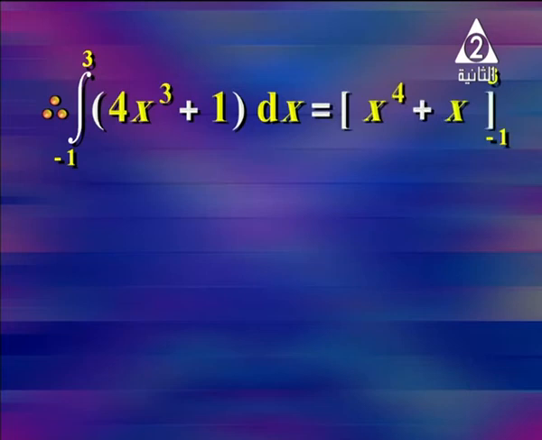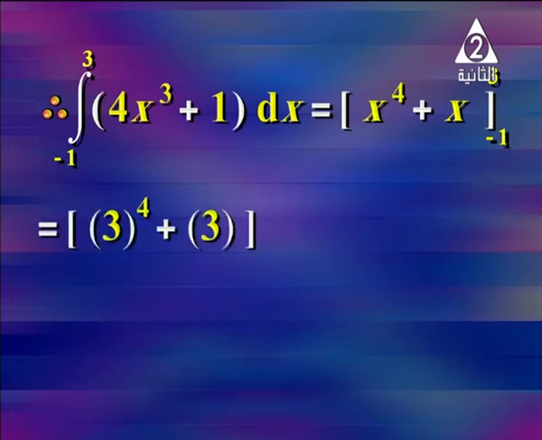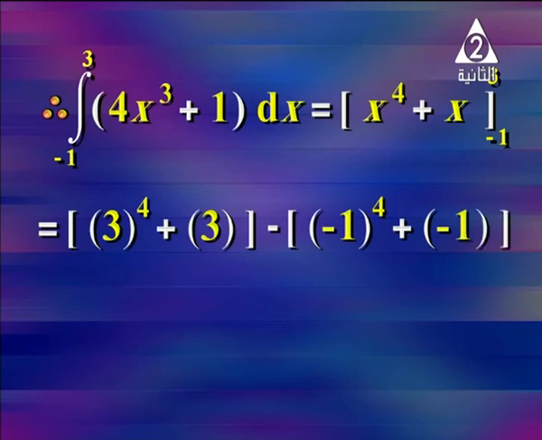Look at x to the power 3: we add 1 to the power and divide by the new power, so x to the power 4 over 4, times 4, equals x to the power 4, plus the integration of the constant 1, which is x, and then by substitution from -1 to 3. The answer is 3 to the power 4 plus 3 minus the bracket containing -1 to the power 4 plus the bracket containing -1.